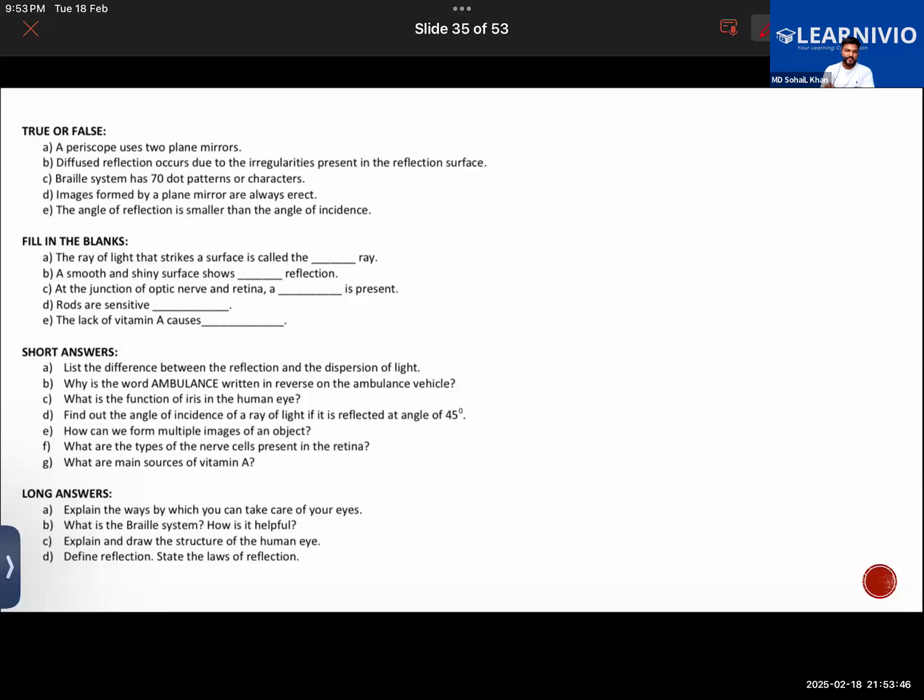Are you done with the diagram? You had to draw a diagram of the human eye and label its parts. I'm doing.